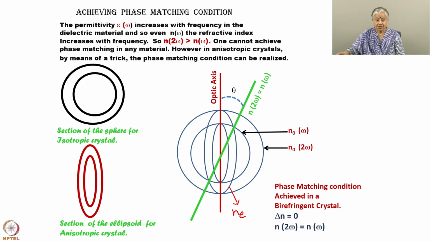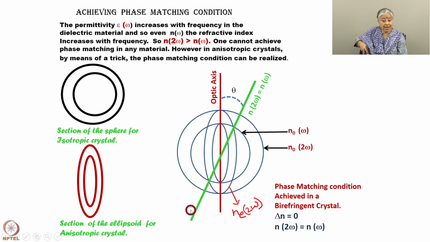So, here is where it crosses: NE at 2 omega, which is this, crosses with NO at omega. This is the point where it goes.